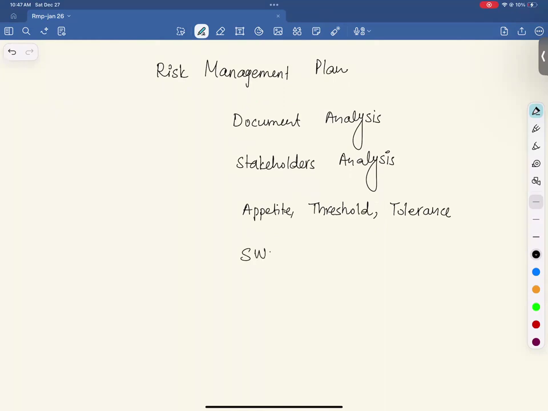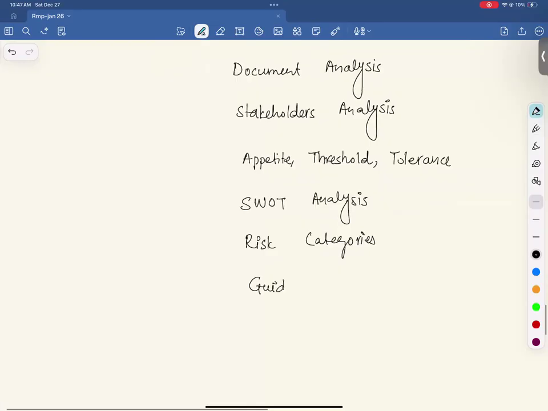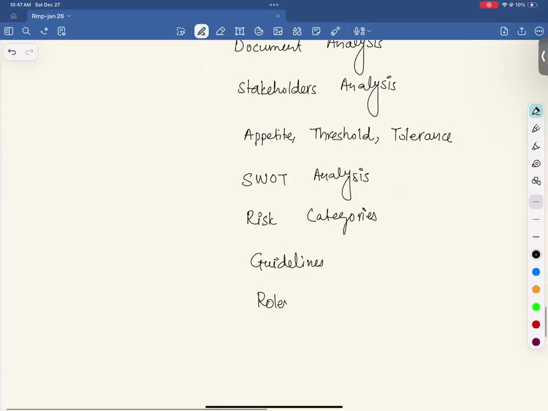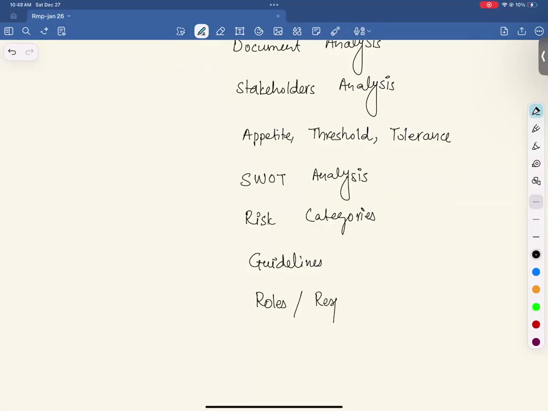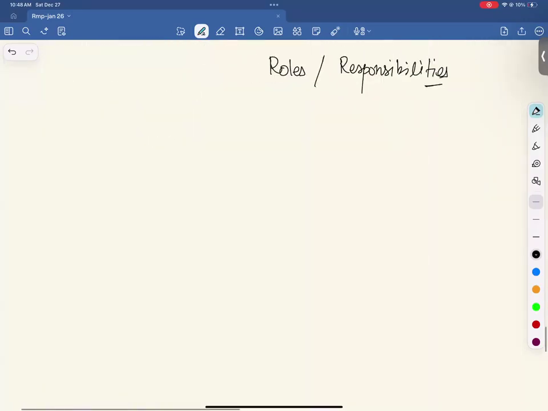We'll be talking about SWOT analysis, risk categories, guidelines, roles and responsibilities. These are the things that we will be discussing in this process. So let's start with the first one, the definition of risk.